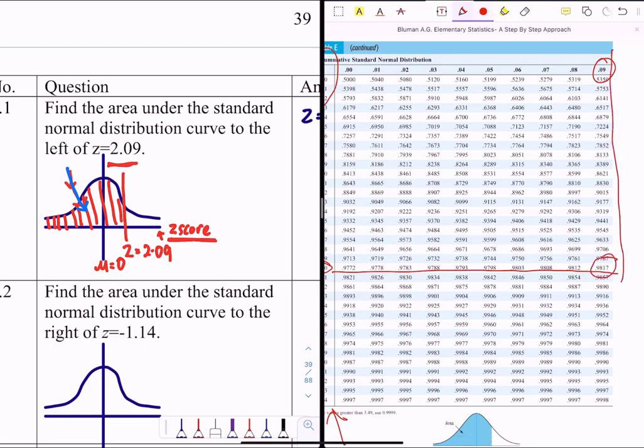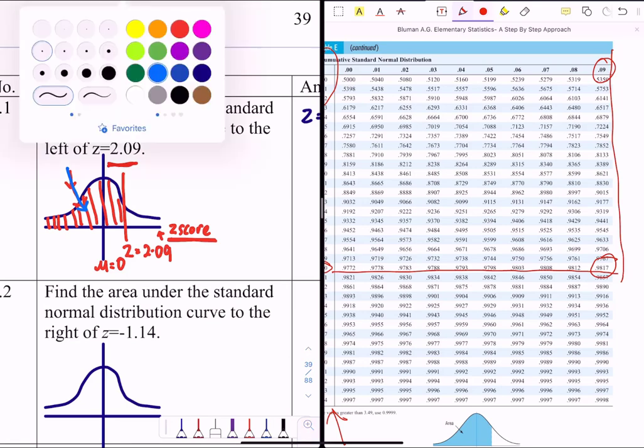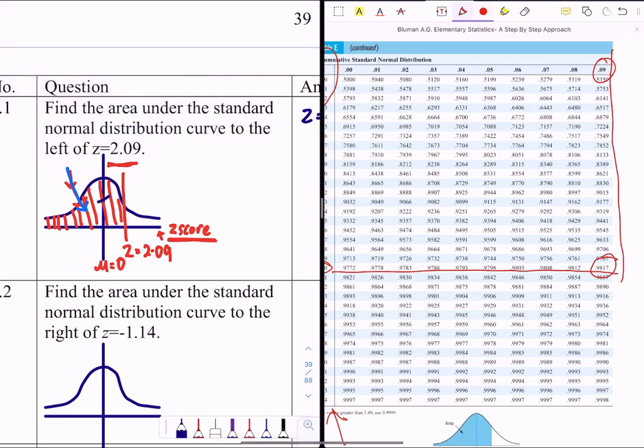We have 0.9817. The area for this part is 0.9817. That is the area.